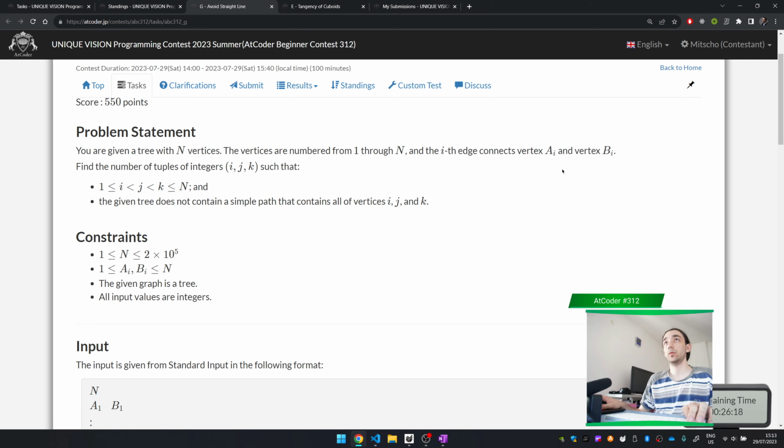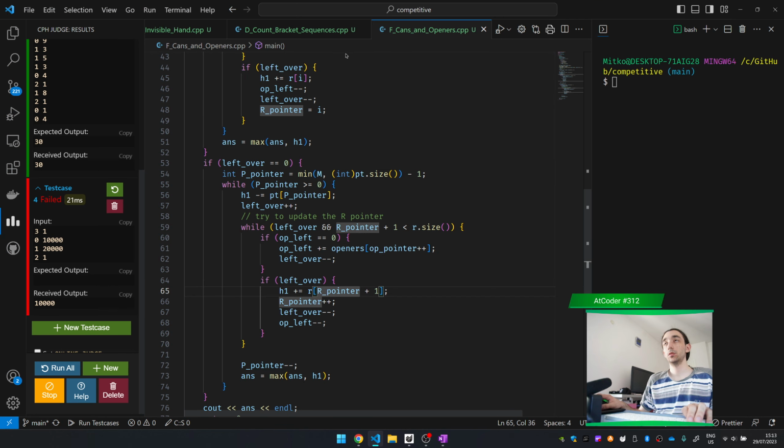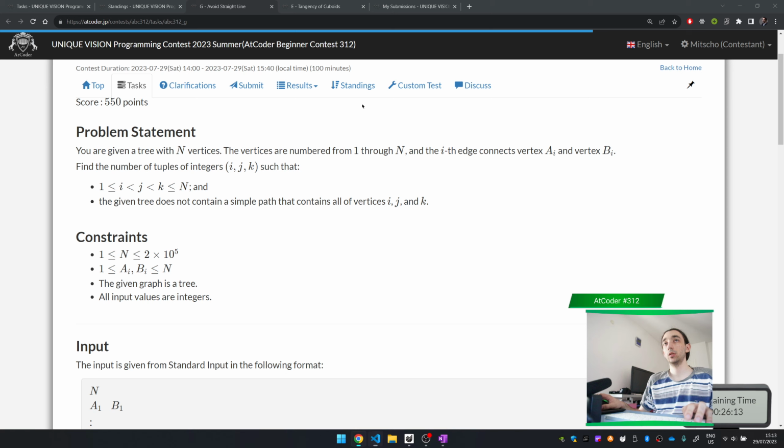And the number of tuples such that this is the case.